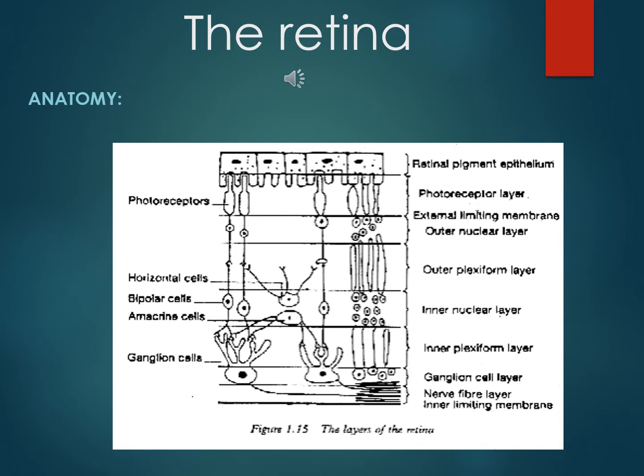While at the junction of the retinal pigmented epithelium with the photoreceptor, there is no such tight junction, and there is a potential space called the subretinal space between the retinal pigmented epithelium and the photoreceptor.